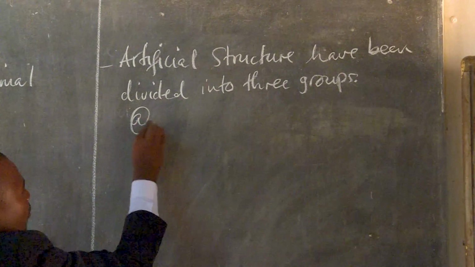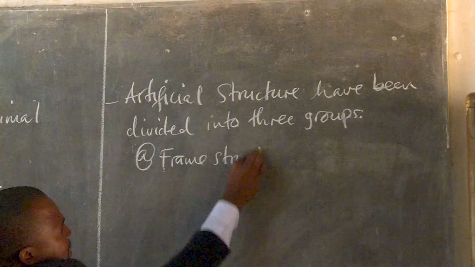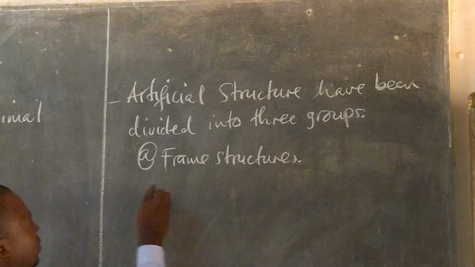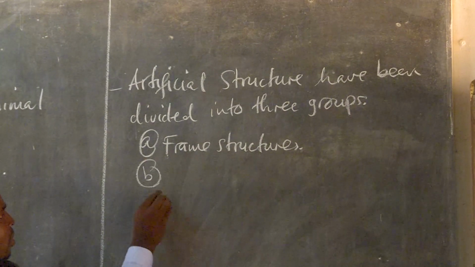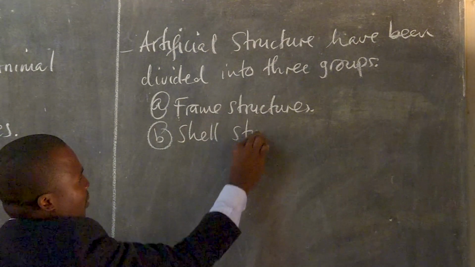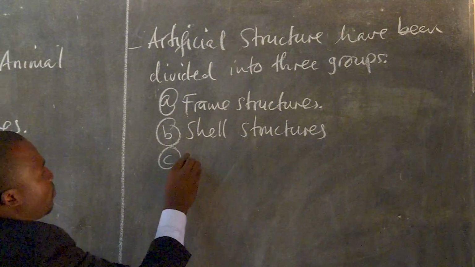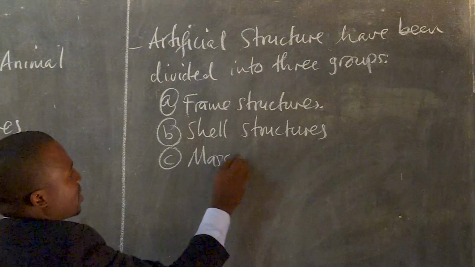Namely, we have frame structures, then we have shell structures, and we have mass structures.